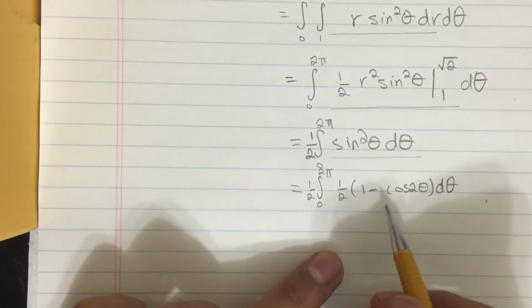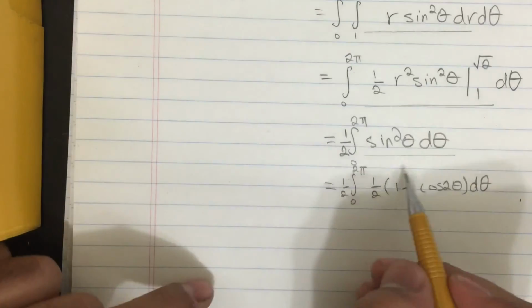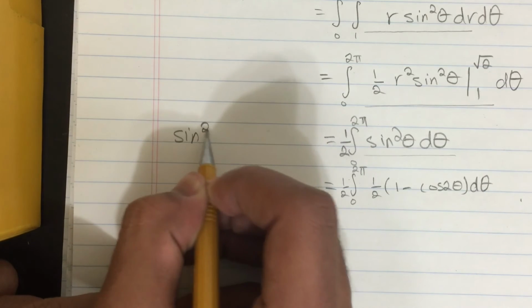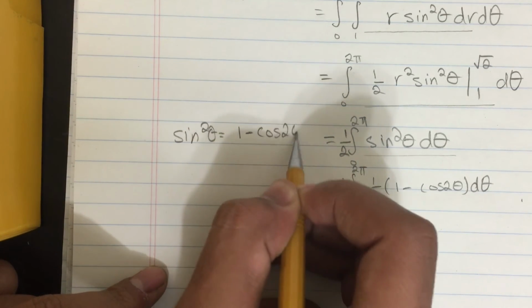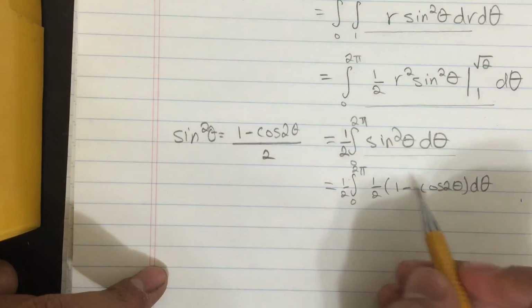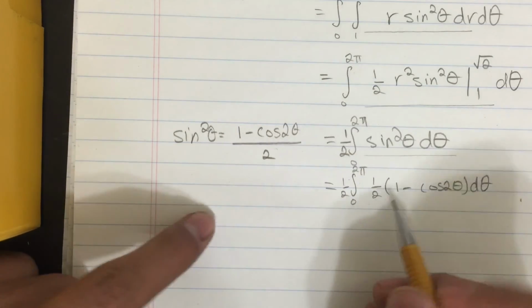What I did there is that I used this trig identity, which is basically 1 minus cos 2 theta over 2, but I took the 1/2 outside.